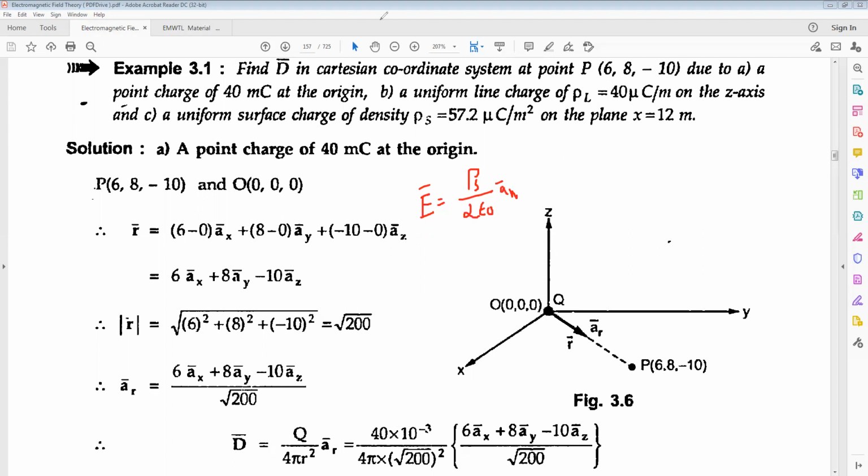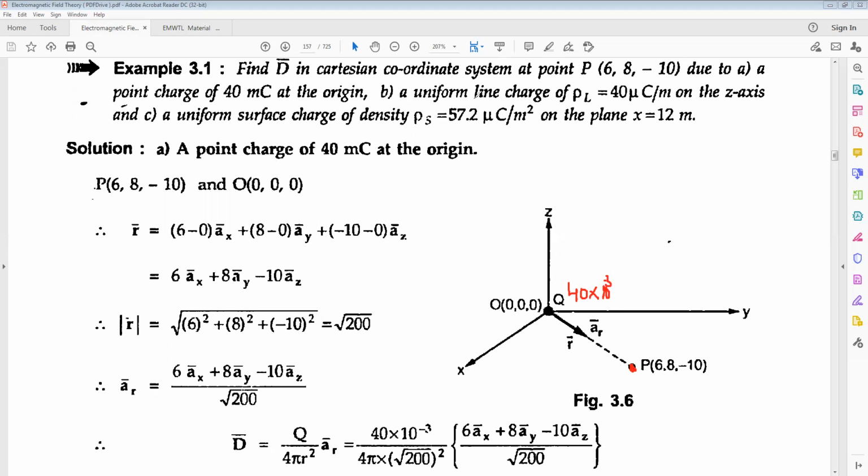Now we can find the electric flux density D bar in the Cartesian coordinate system at the point P. There is a charge of 40 millicoulombs, 40 into 10 to the power of minus 3, at the origin.